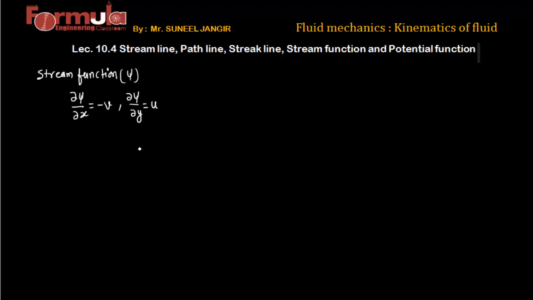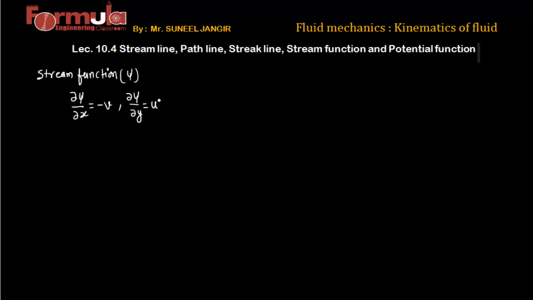Actually this is the universal definition, and some authors use different notation, that is, its derivative with respect to x provides the velocity in the positive y direction, and its derivative with respect to y provides the negative velocity in the x direction. That is also correct. We'll see how this is correct. But first let us try to understand this one.